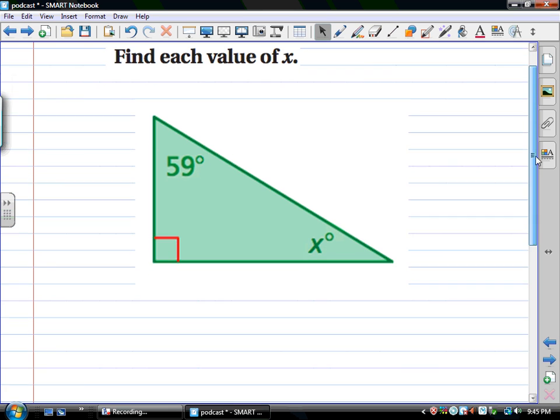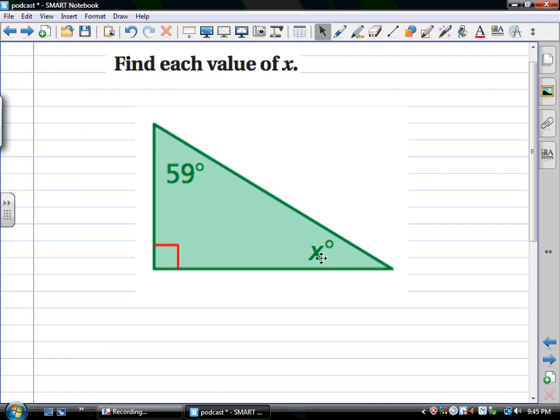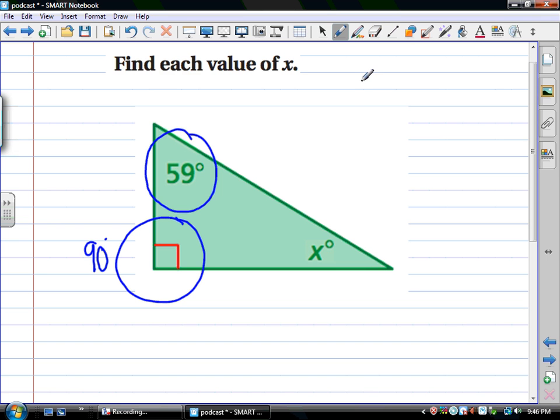All right, let's solve for the missing angle in this triangle. I'm going to use the second strategy. I'm going to add what I know. So I know this is 59 degrees, and I know this is a right angle, or 90 degrees. I'm going to add what I know, 59 degrees and 90 degrees. When I add them together, that gives me 149 degrees.